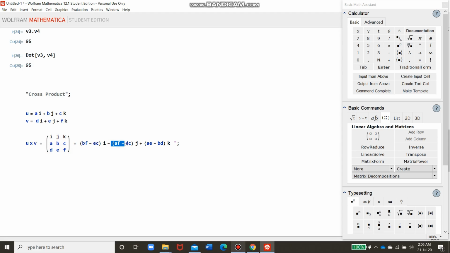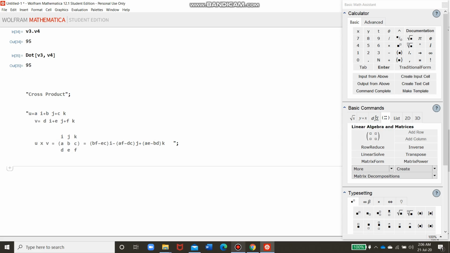That's what is written over here. Just make sure that whenever you take the J term, there is always a minus before. So it's plus, minus, plus. And when you put the K term, it's going to be A, B, D, E. So that is AE minus BD. So this is what you get from a cross product of two vector equations.